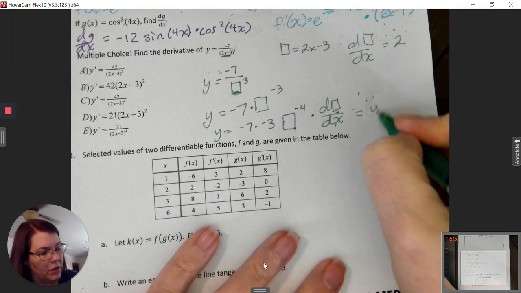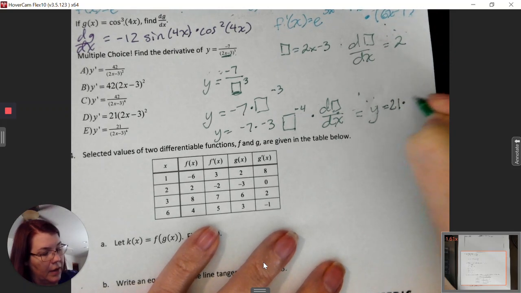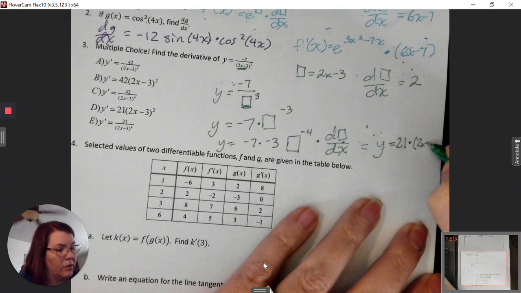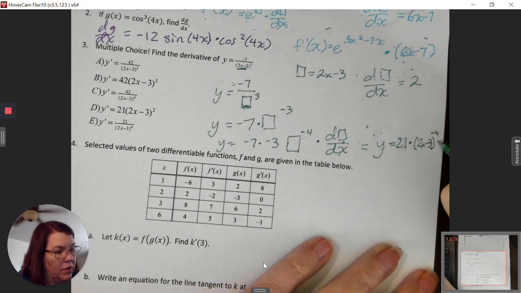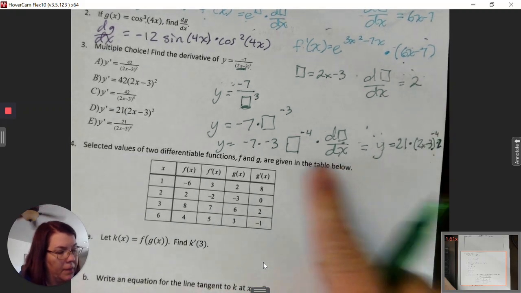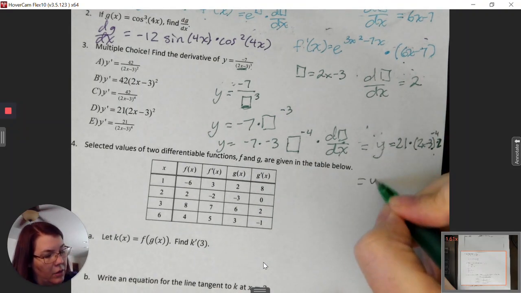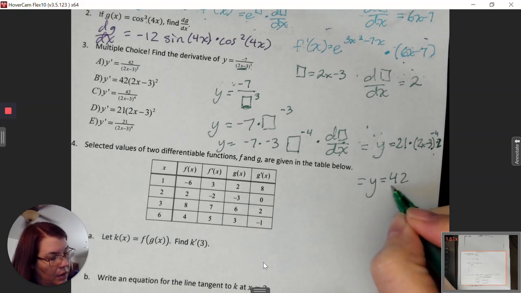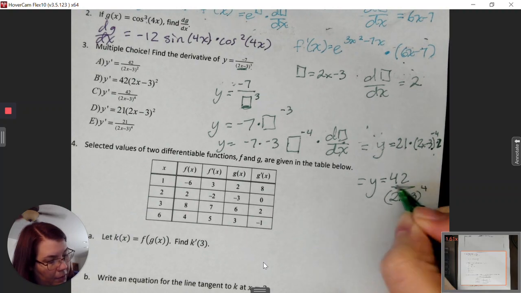Doing some substitution, that's positive 21 times (2x minus 3) to the negative 4 times 2. Continuing, y prime equals 42 over (2x minus 3) to the fourth power.